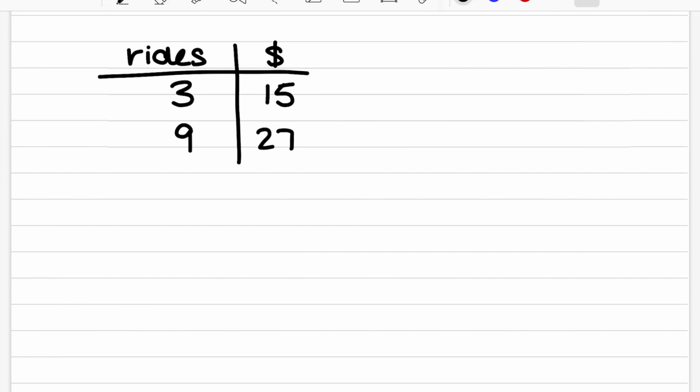And we want to know what is the cost per ride. Okay, so what you want to notice here is that if you just did division of $15 per 3 rides, you would get $5 per ride on this one, but 27 divided by 9 is only 3. So those would be different cost per ride.